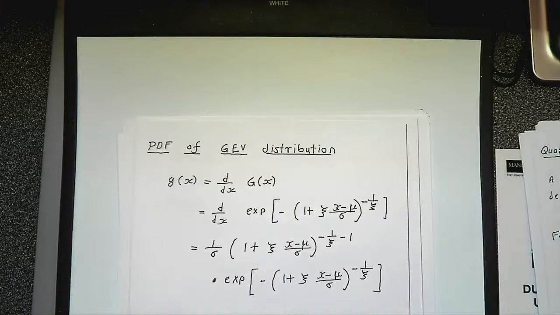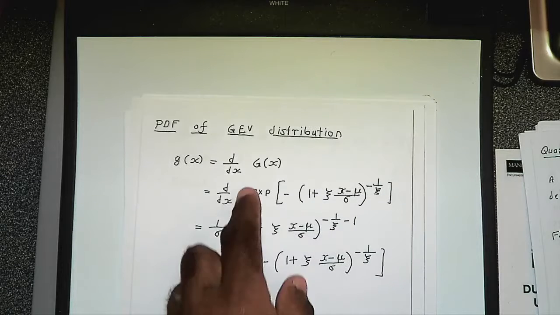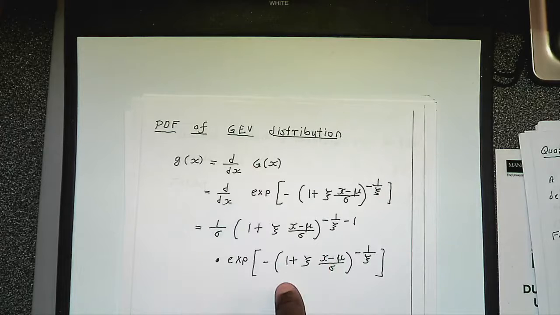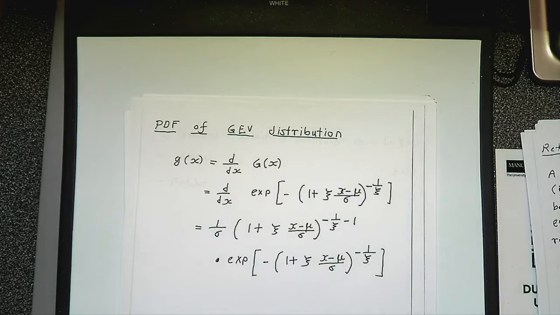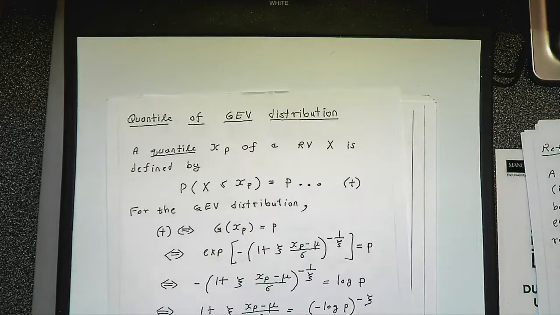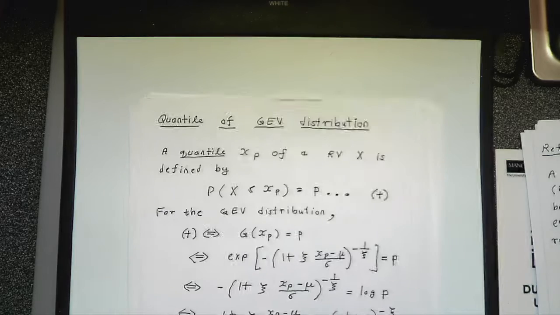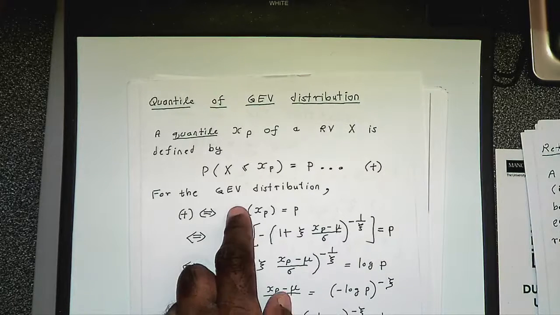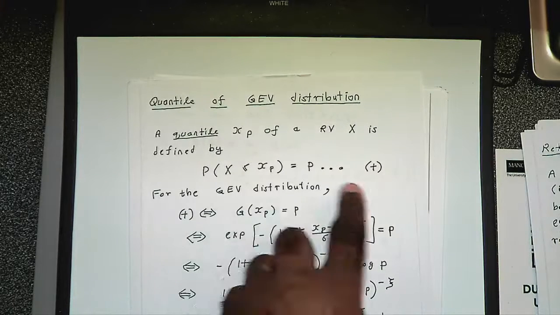In the next slide, I talked about the PDF, or the density. You just differentiate the CDF to get the PDF. In the next slide, I talked about the quantile function. Remember, if you don't know what a quantile is, it is defined by this equation.